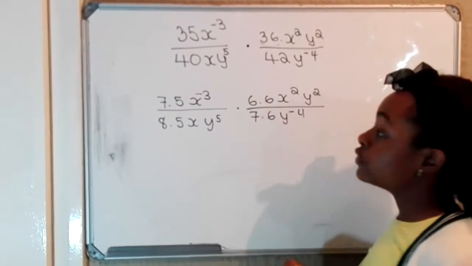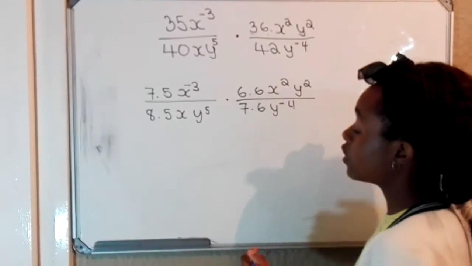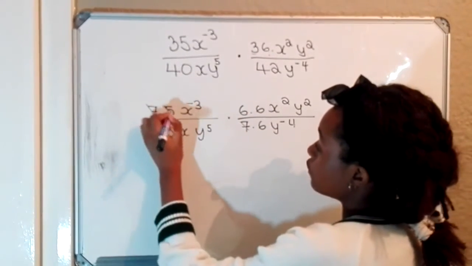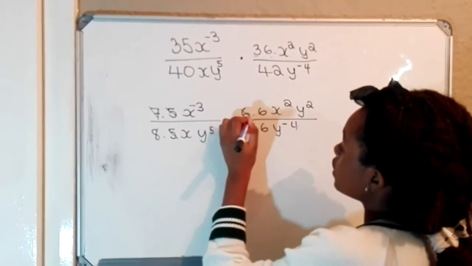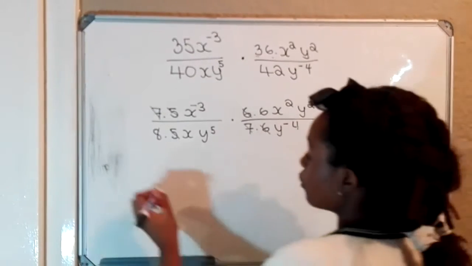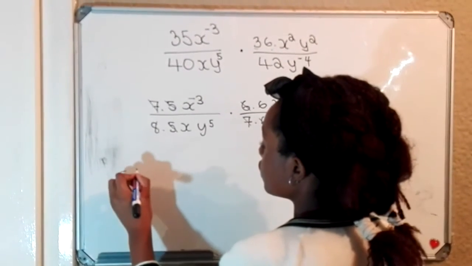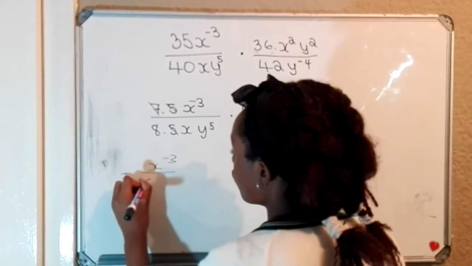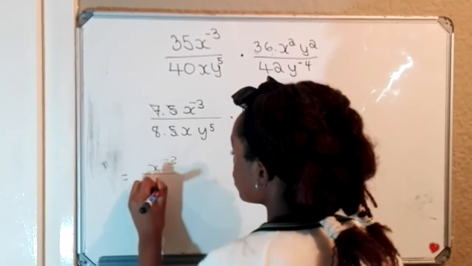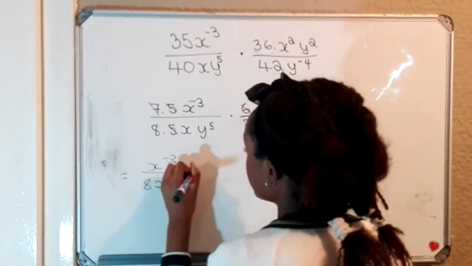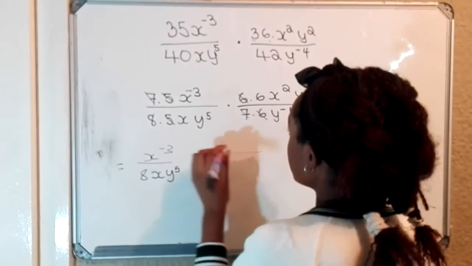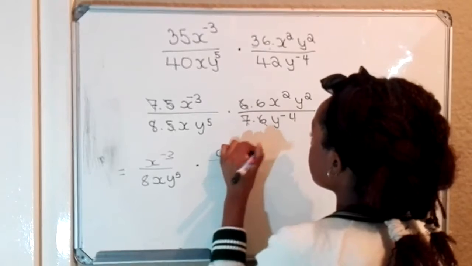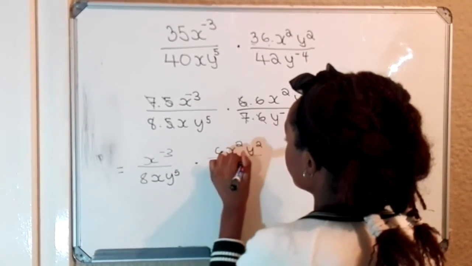Okay, so now we can go ahead and simplify, cancel. So we can cancel 7 and 7, we can cancel 5 and 5, and we can cancel 6 and 6, right? So when we bring that all the way down, we're left with x to the minus 3 over 8x y to the power of 5 times 6x squared y squared over y to the power of negative 4.